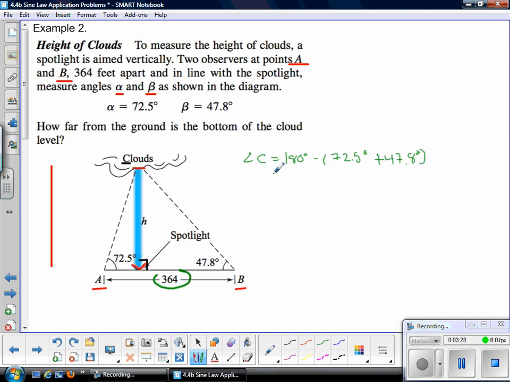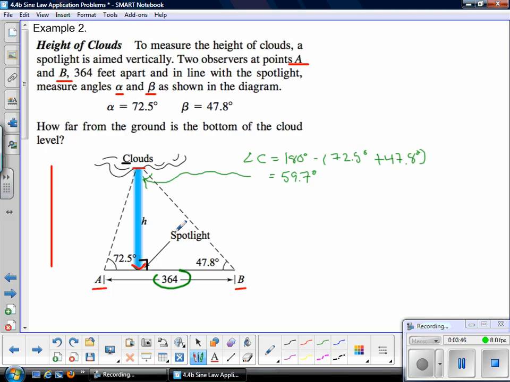And when we do that, we end up with 59.7 degrees. I'll just put an arrow so I'm not cluttering up our picture.